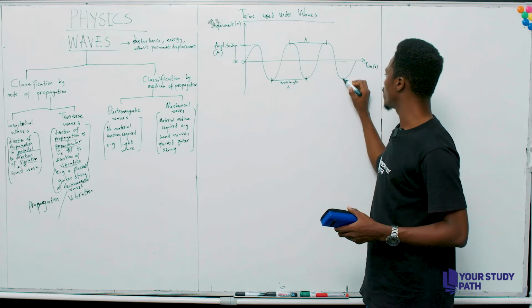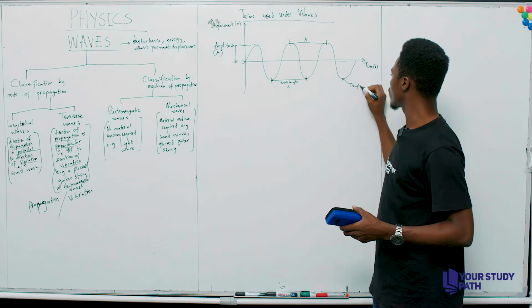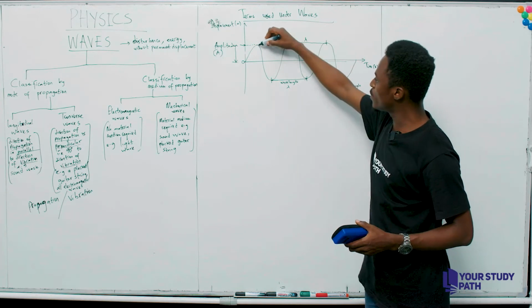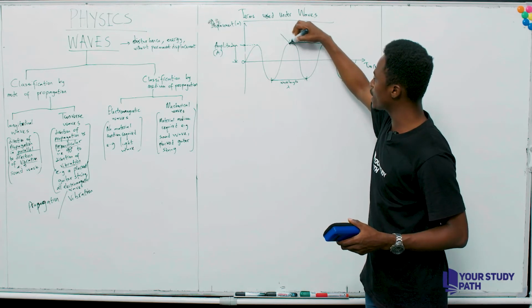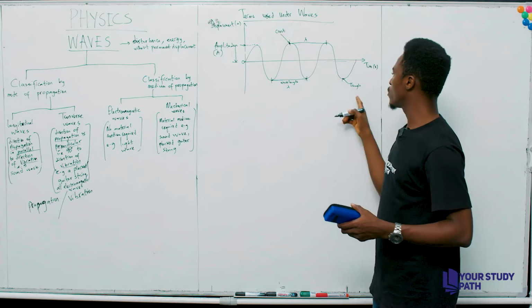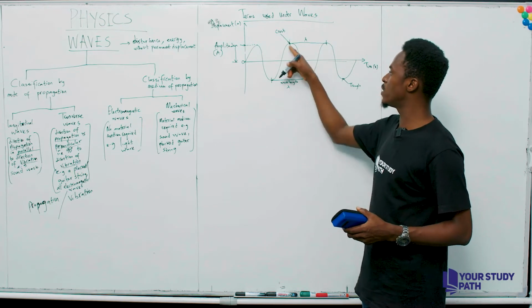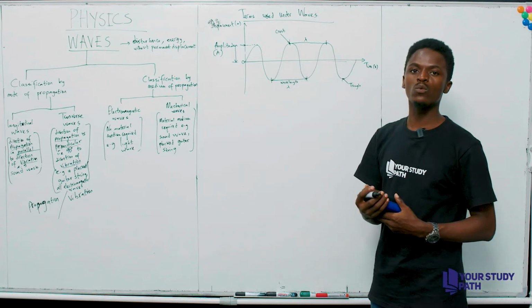This point here is called a trough. This highest point here is called a crest. Crest, trough. So the distance between two successive troughs is a wavelength. The distance between two successive crests is also a wavelength.